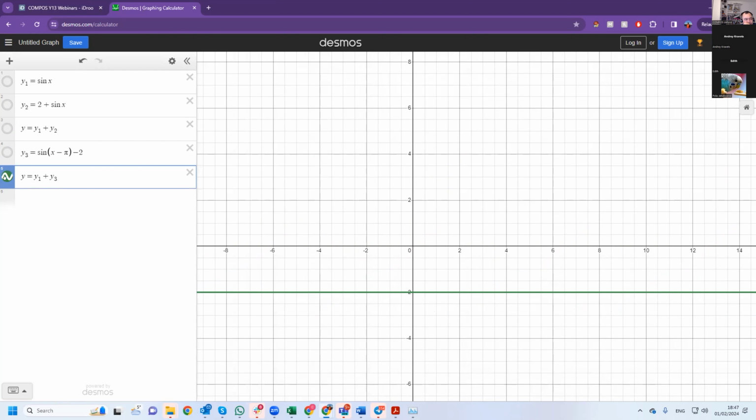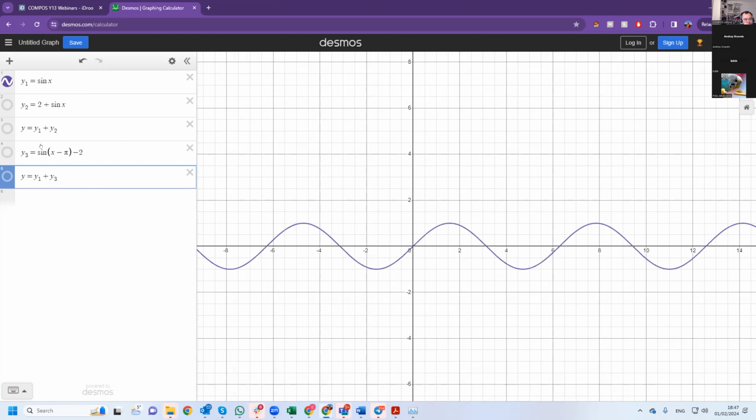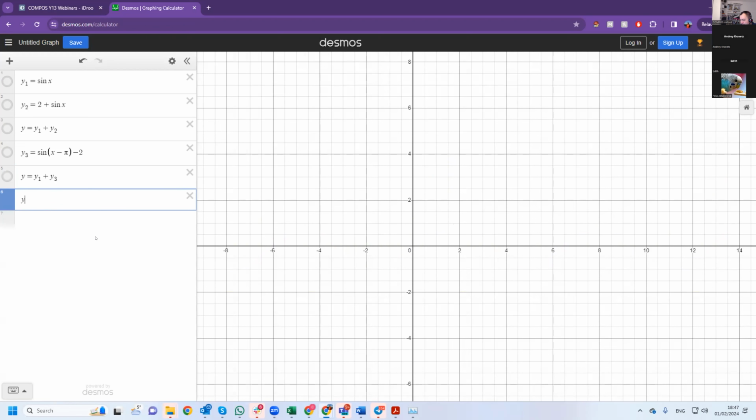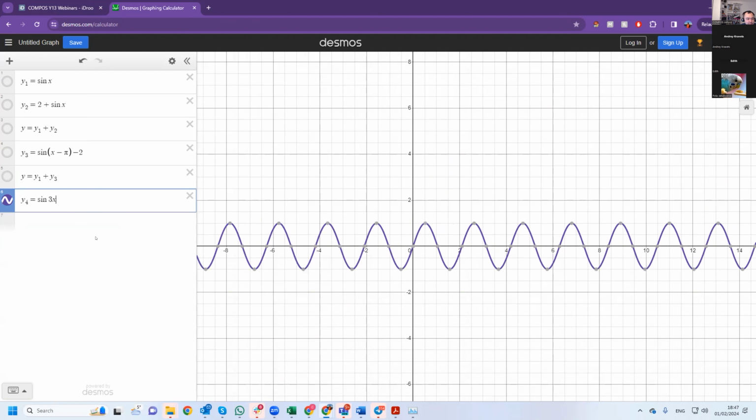Now, what if the waves have different frequency? Not just different, but very slightly different frequency. I will demonstrate. Let's call it y4 equals sine 3x and y5 is sine 3.1x.